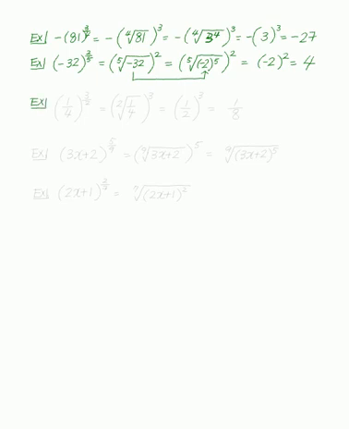Our next example, we're going to start with a fraction. I know fractions with fractional exponents can be a little uncomfortable, but we'll get through it. We're going to start with 1/4 raised to the 3/2 power. Rewriting this in radical form, I get parenthesis, the 2nd root of 1/4, all raised to the 3rd power.